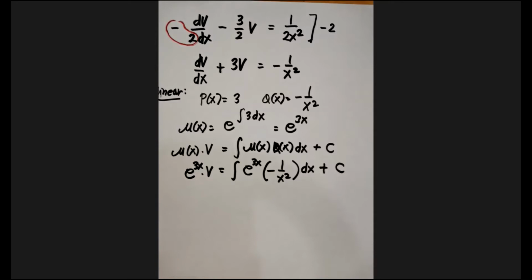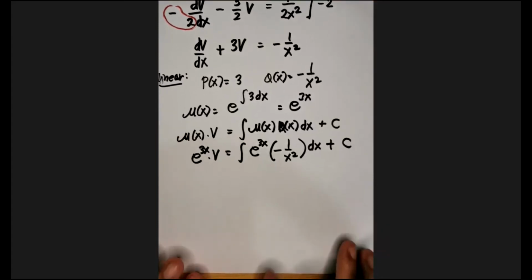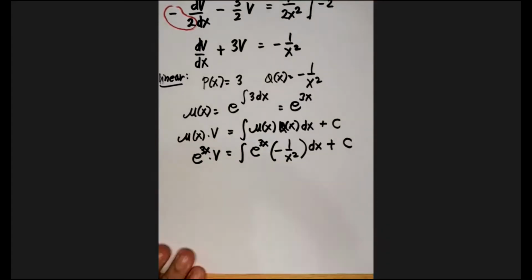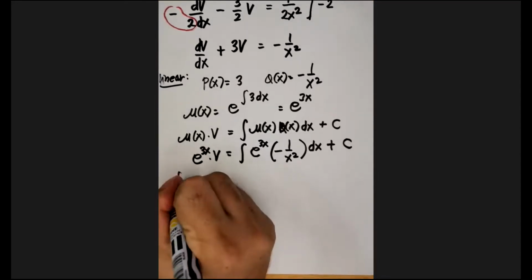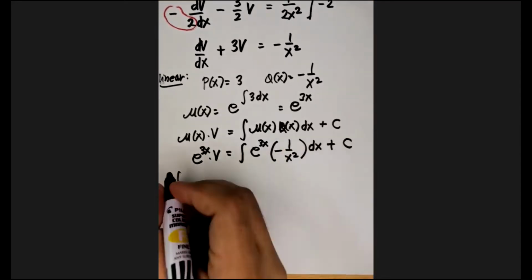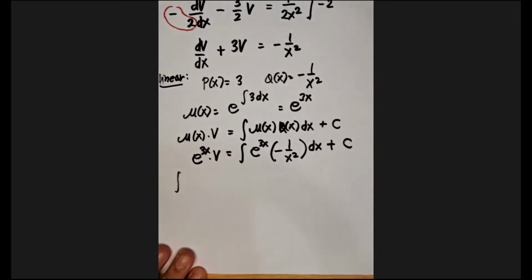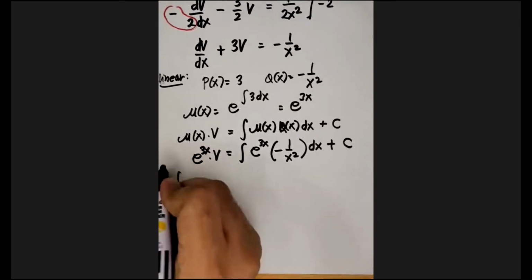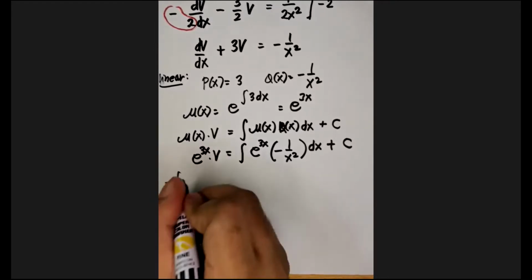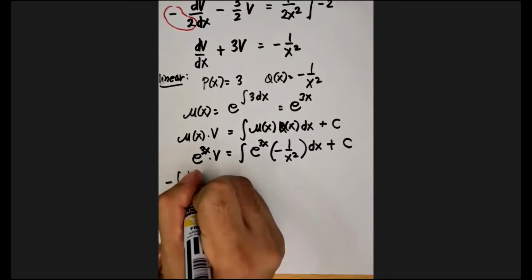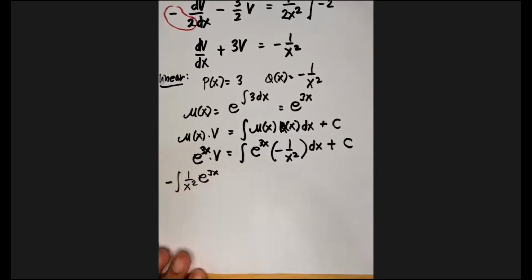Kaya nag-isip ako, is there another way? Okay, so by parts lang yung naiisip ko. Okay, so kung by parts yan, tanggalin ko naman yung negative. Ilalabas ko yung negative. So magiging 1 over x squared e raised to 3x dx.